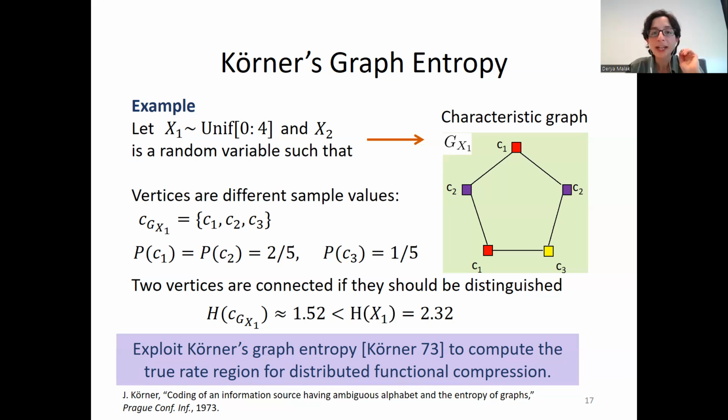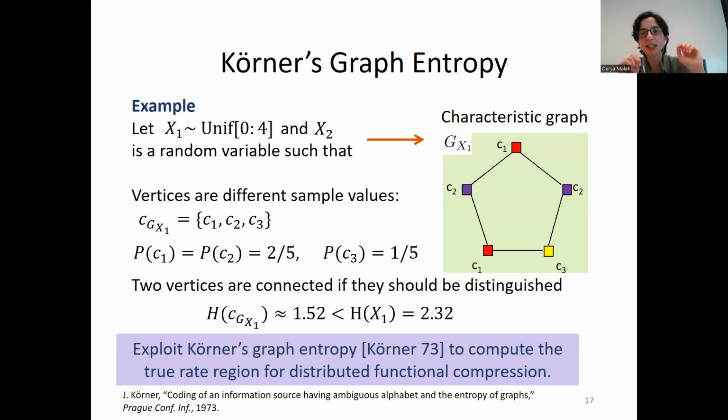And the way I decide to put edges here, I say that, okay, when x1 is 0 or x1 is 1, there exists at least one value of x2 such that the function f of 0 comma x2 is different from f of 1 comma x2. If there exists such an x2, then I need to put an edge here.